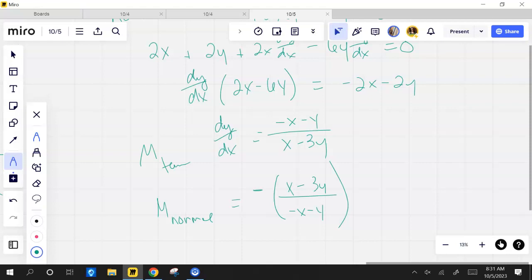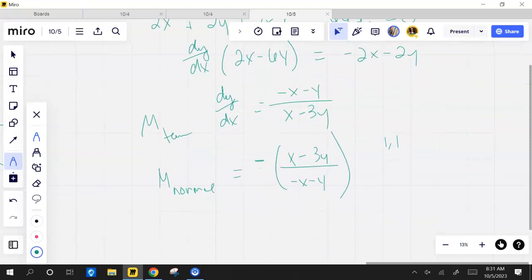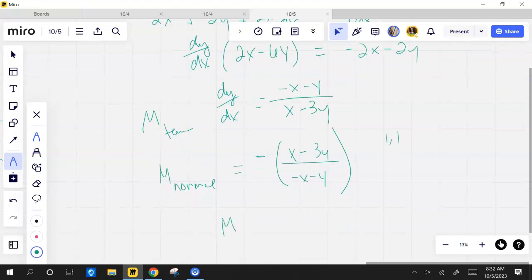Okay, so the line that is normal to the curve at 1, 1. So my slope of the normal at 1, 1 is going to be negative 1 minus 3 over negative 1 minus 1.